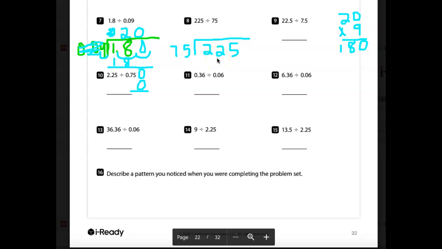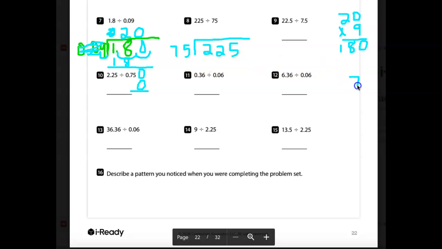It's just a straight question of you had 225 tallies, and then you went through and counted 75, counted another 75. How many groups of 75 would we end up with? All right, so on these, because 75 won't go into 2, 75 won't go into 22, it's 75 into 225.